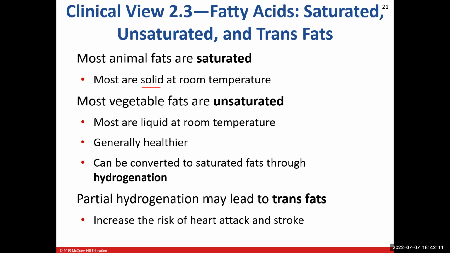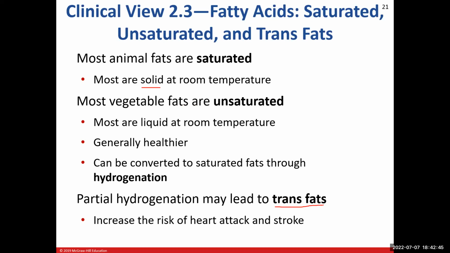From hydrogenation, we developed the trans fats, because when we go through that process of hydrogenation, we just didn't complete it. We stopped, I won't say midway, but we didn't complete it. So we call that process partial hydrogenation, and partial hydrogenation led us to the trans fats. We never completed that process of converting them from unsaturated to saturated, and so we wind up with the trans fats.